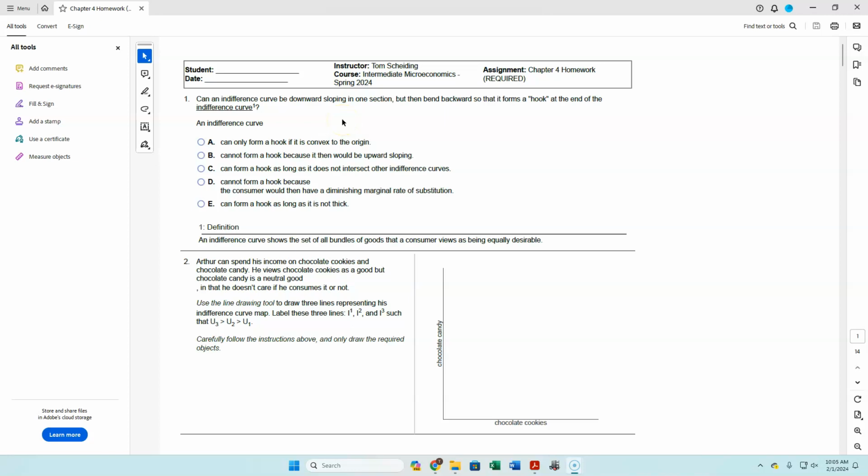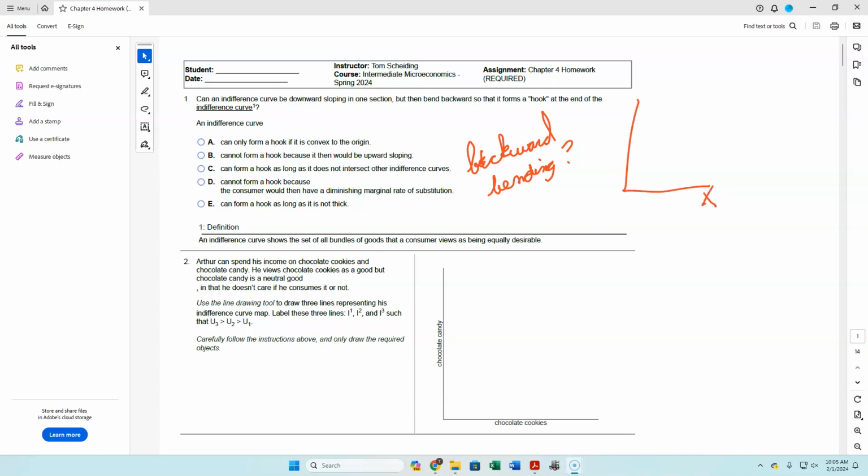This is referring to this idea: can we have a backward bending indifference curve? And in essence, we can't.